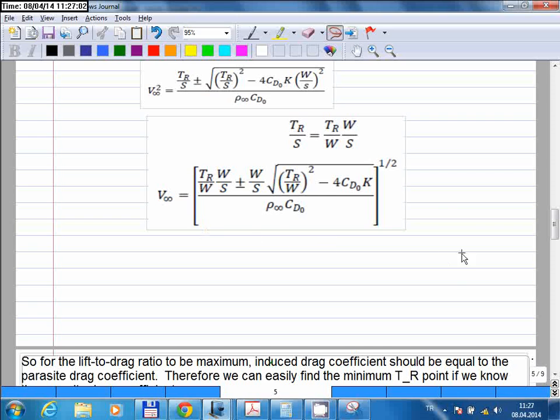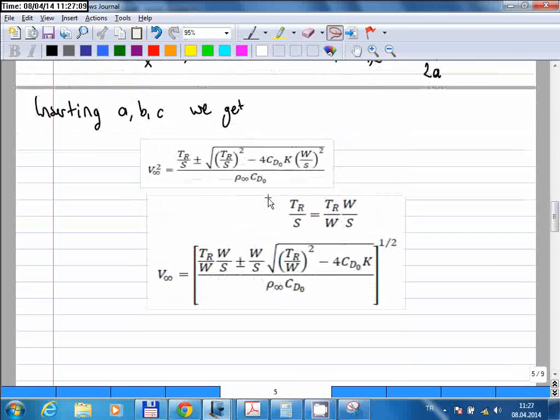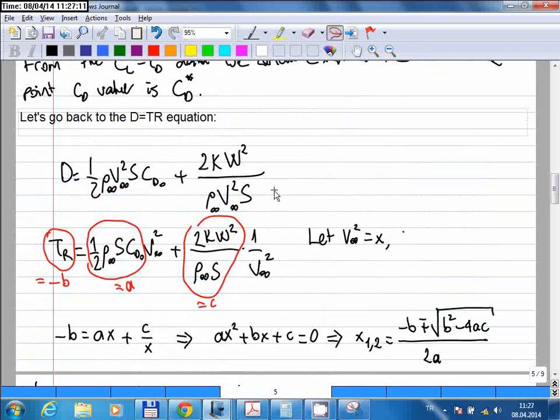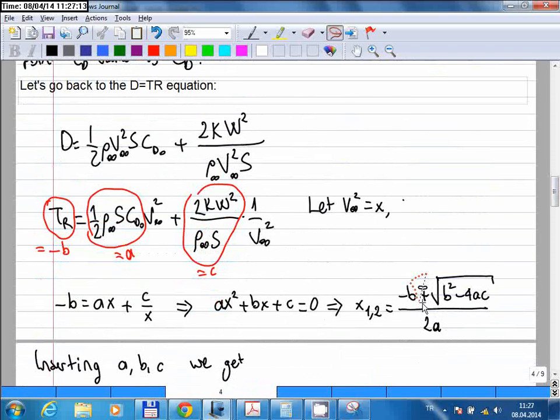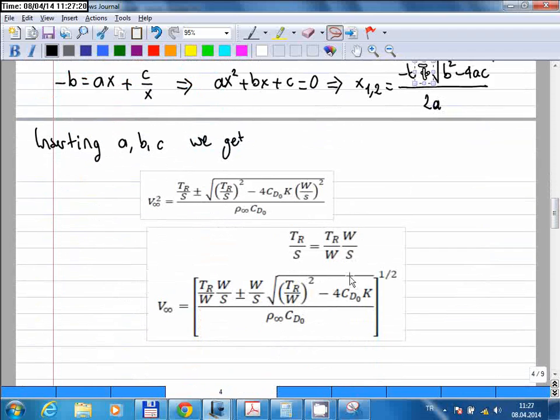Do you know what we did here? What this V infinity corresponds to? And there are two roots, remember. So this can be a plus or a minus, and both of them will give you the roots to that equation. We still have the plus minus sign here.